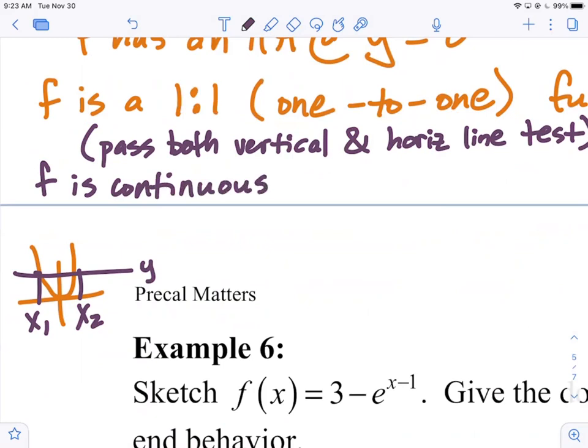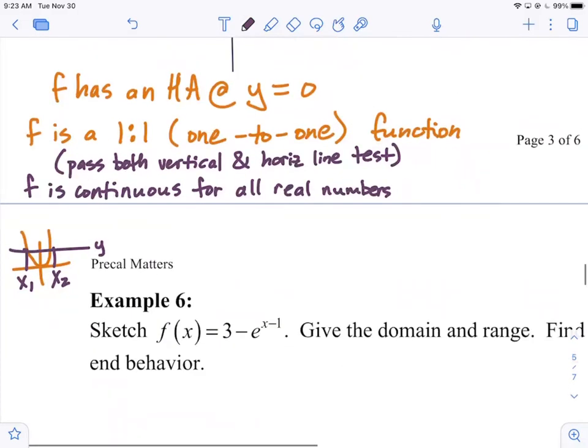Good. We've talked about continuity quite a bit this year, right? F is continuous for all real numbers. That's very important. From left to right, there are no vertical asymptotes. There are no holes. There are no jumps. None of that good stuff.